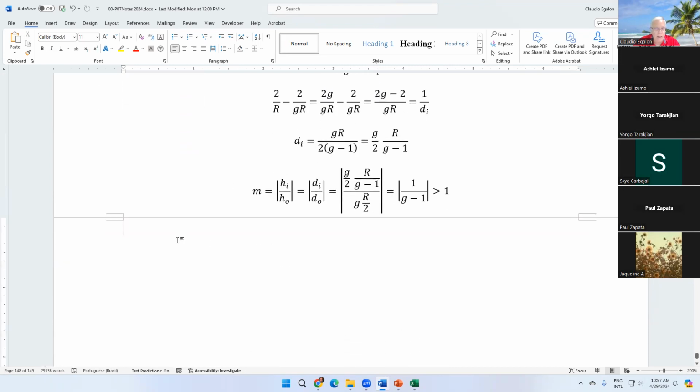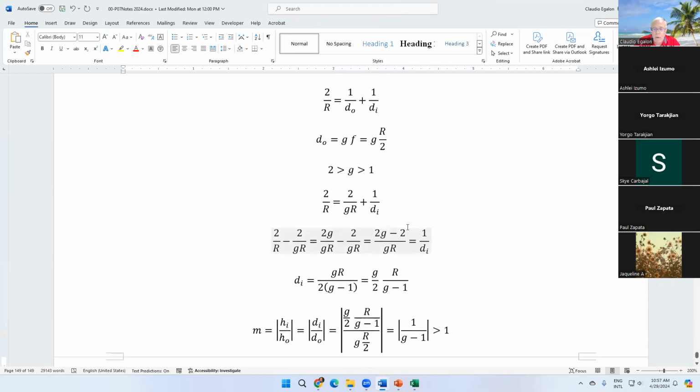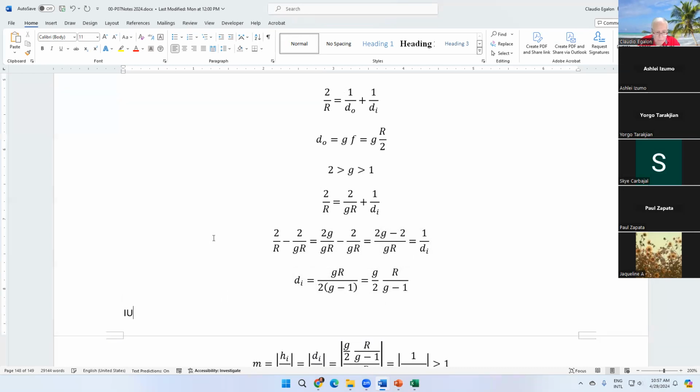And item D, here you go. Now you got the idea. Image. Let's see. Okay, here implies image real because the I is positive, right?